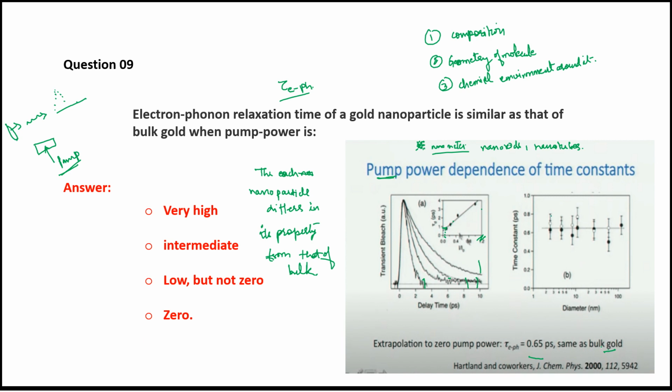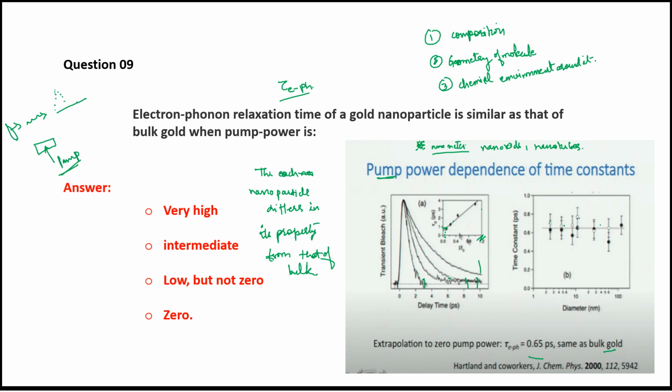Here they have taken the time constant versus the diameter. With the change in the particle size, they also noted the time constant and came to the conclusion that it is more or less the same.